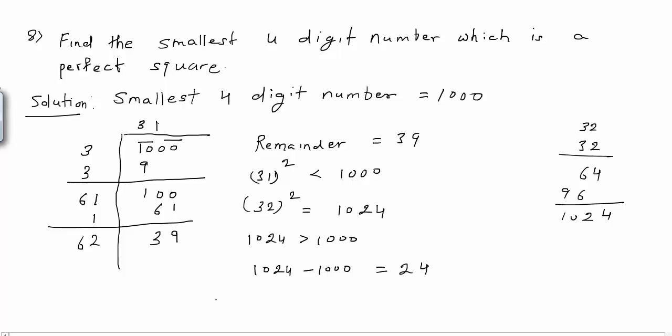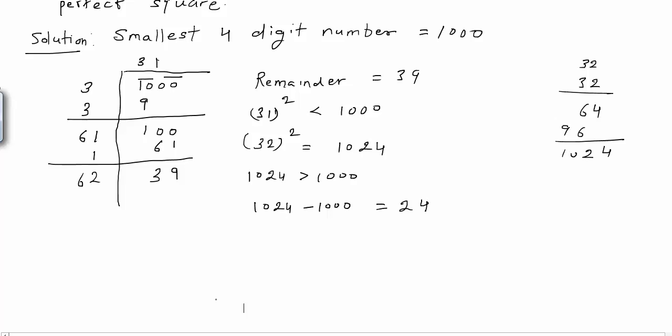Find the least 4-digit number. So therefore I don't have to find what number to be added. I have to find the smallest 4-digit number which is a perfect square.